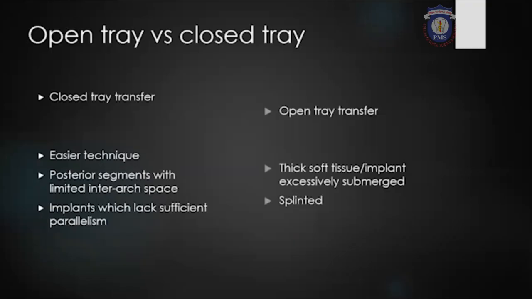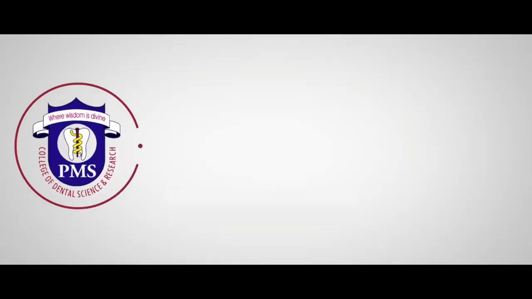When you have multiple implants in an arch, if you splint all the open tray transfer copings together, you will get a very accurate impression. So these are the different impression techniques for implants, and these are the advantages of each of them.